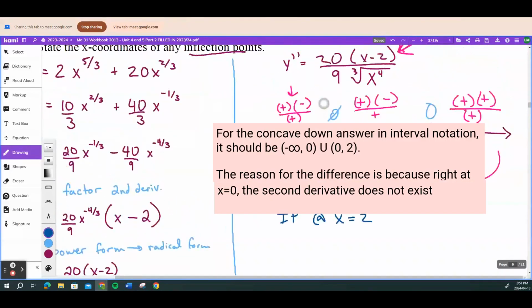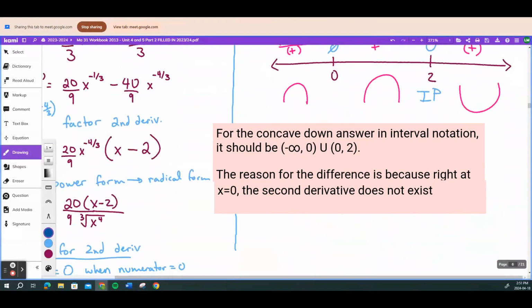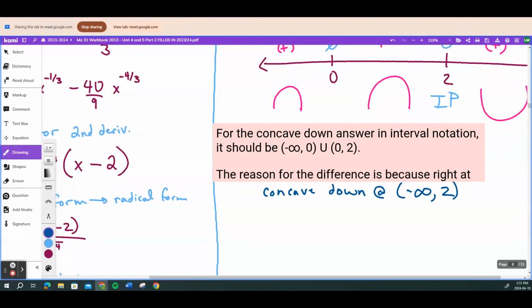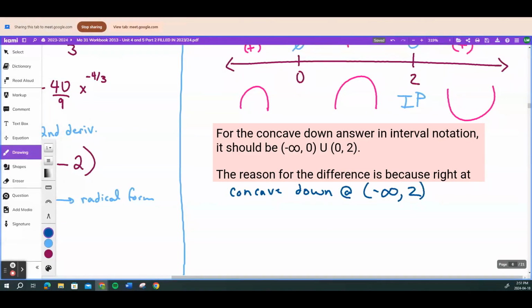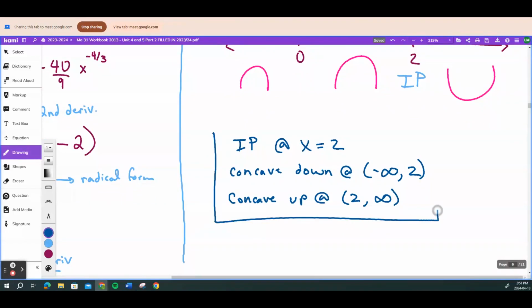The question also asks us to determine where the function is concave up or concave down. So I'm going to say concave down from negative infinity up to but not including 2, concave up from 2 to positive infinity. And there's our answer.